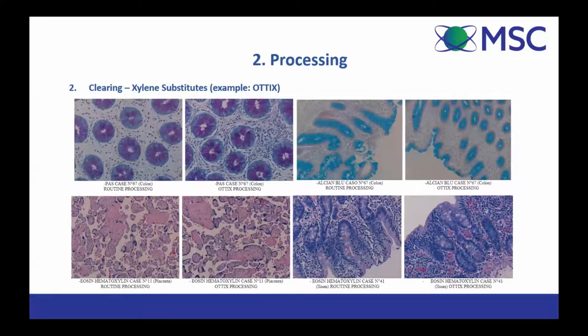There's a great example of this called an Otix reagent, and it has been shown to create just as good, if not better, images, which eradicates that whole worry about substituting a really great chemical that might be toxic with something that's just as good, if not better, and not toxic.